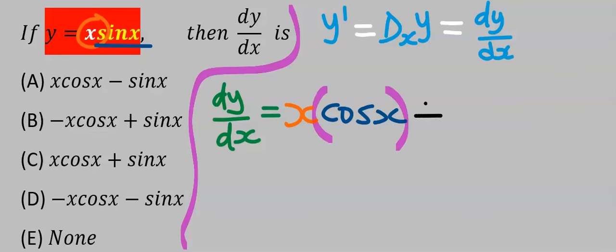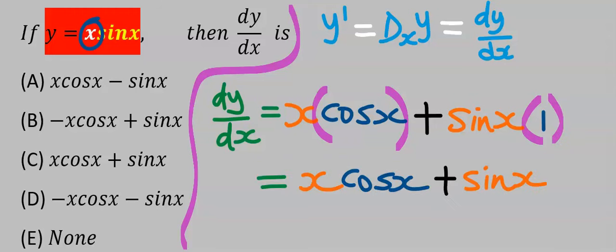Next, I will put a plus. Next, I will keep sine x constant, and I will differentiate x, which is 1. Rearranging the function, this is our answer, and from the options, our answer is C.